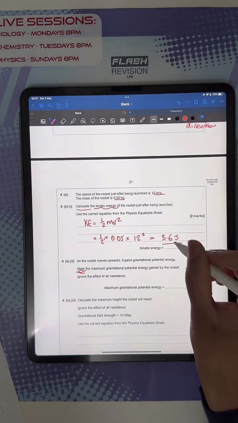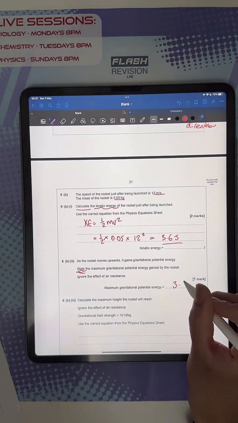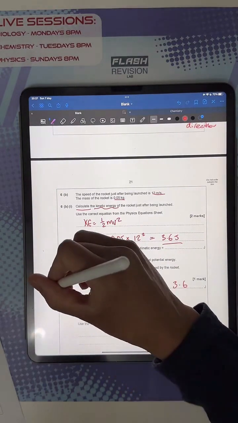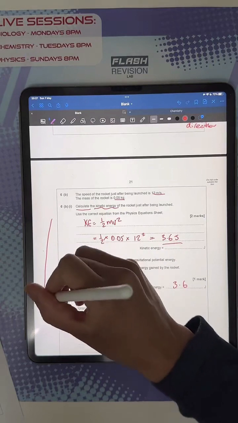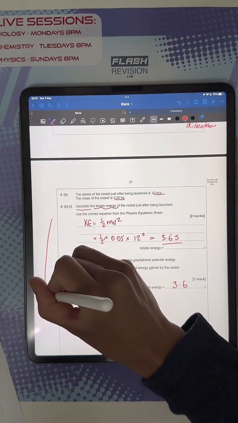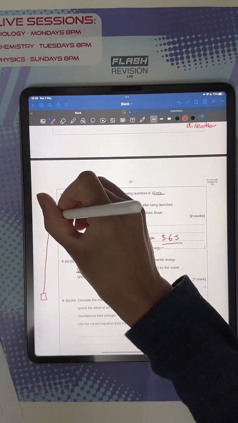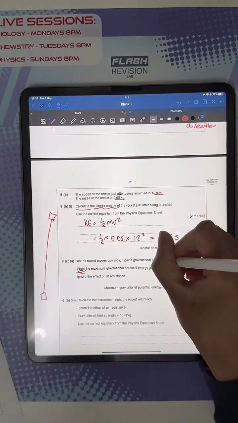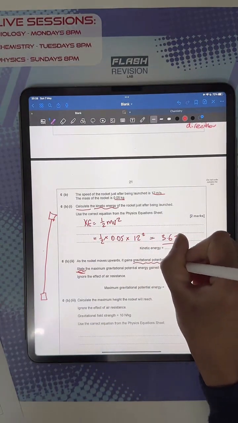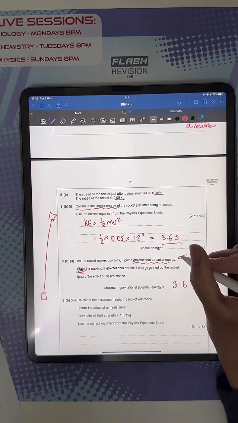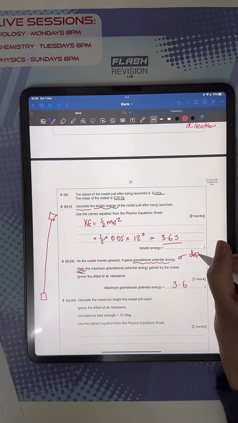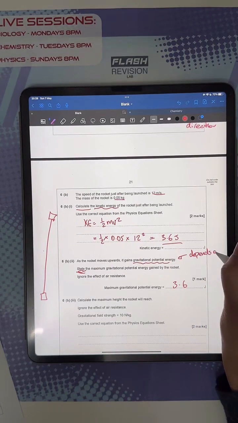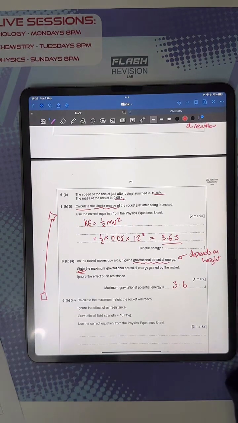In this case, it's 3.6 because the rocket is moving upwards, remember? As it's moving upwards, its height is getting higher. So its gravitational potential energy, that's something that depends on height, is going to increase because it's getting higher.